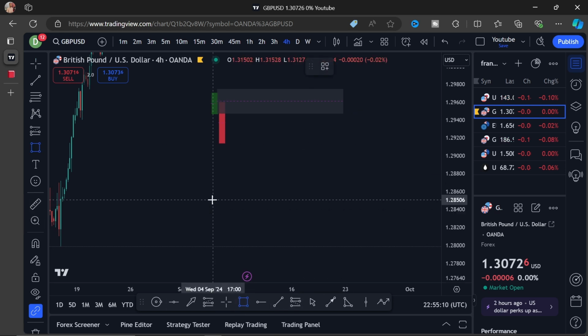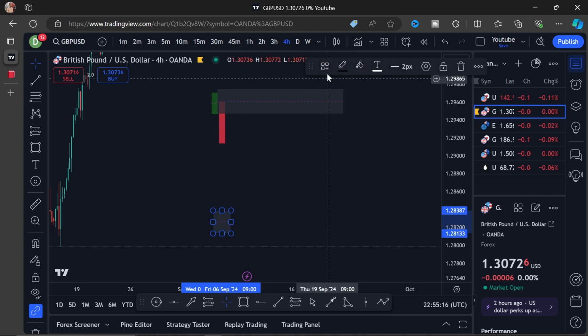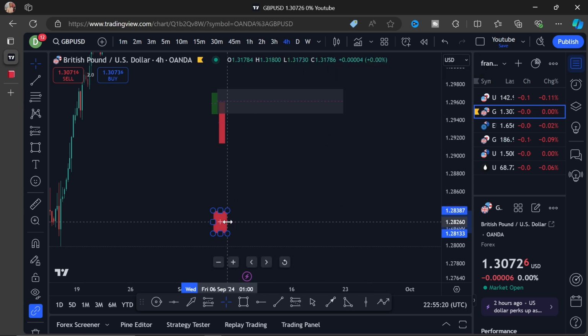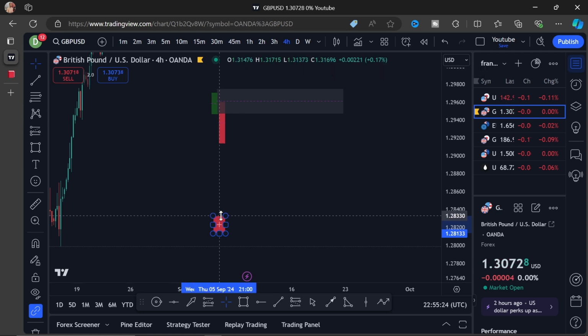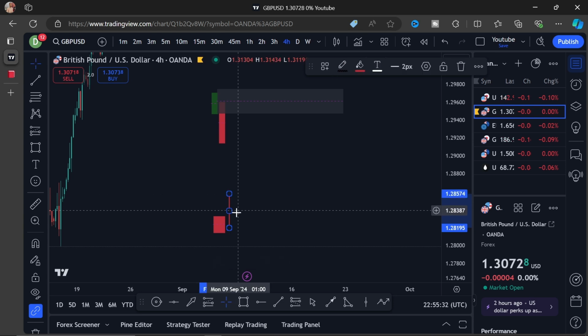Now next up is simply your demand level. A demand level is the opposite. As we all know, a demand level is going to give you a bearish candle, because a demand level is simply a downtrend switching into an uptrend. For that, we are going to have a bearish candle, and then after that bearish candle, we get a big bullish candle as well.